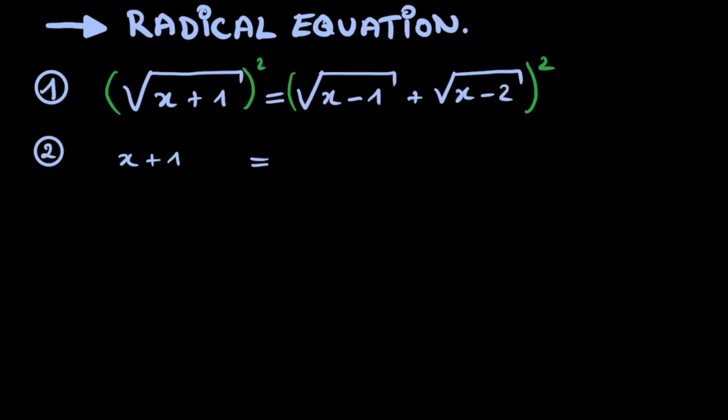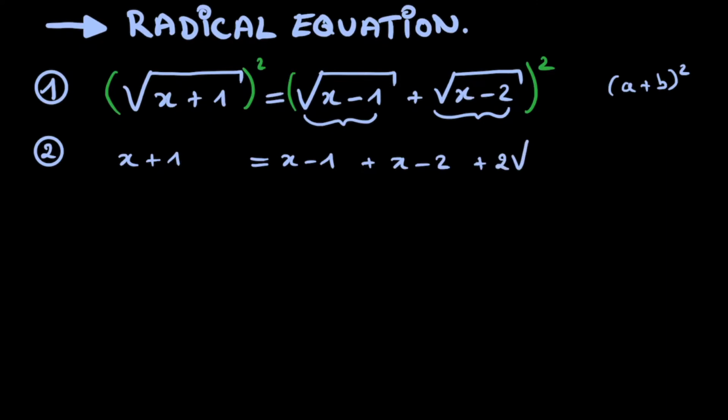If we use our formula for a plus b squared, we get the following. We get x minus 1, which is effectively a squared. We add to this b squared, so x minus 2, but now we still have to add this 2ab. So this simply becomes 2 times the first square root, x minus 1, multiplied by the second square root, x minus 2.